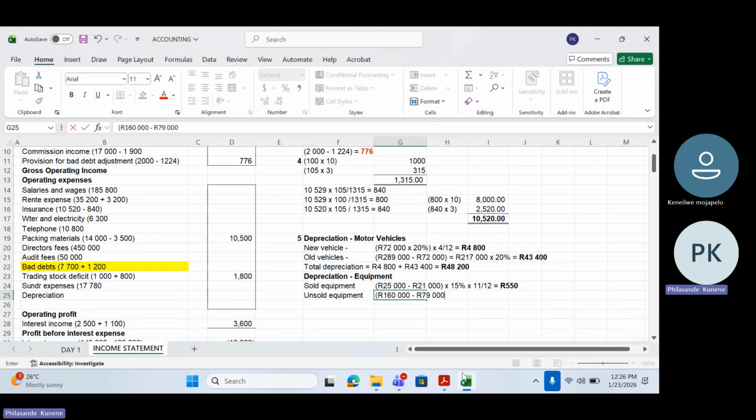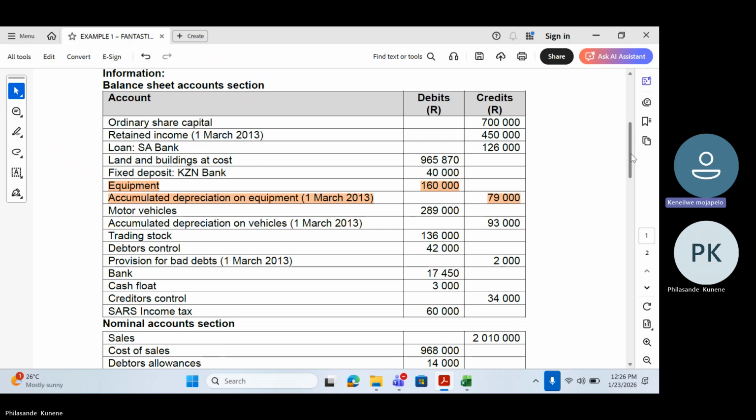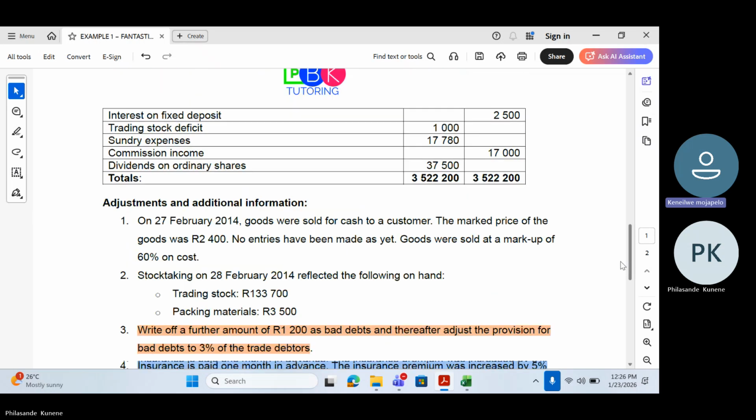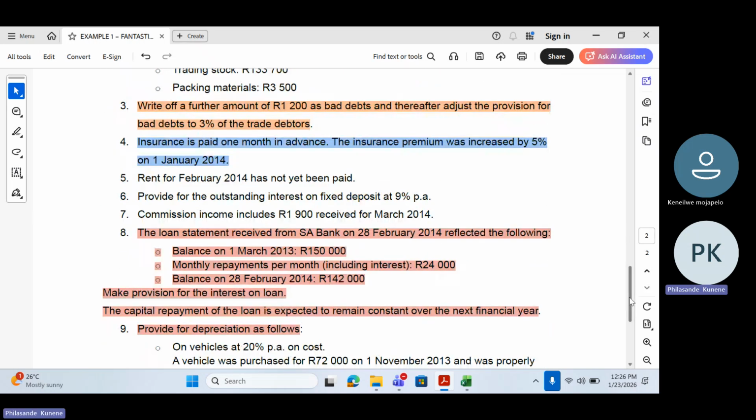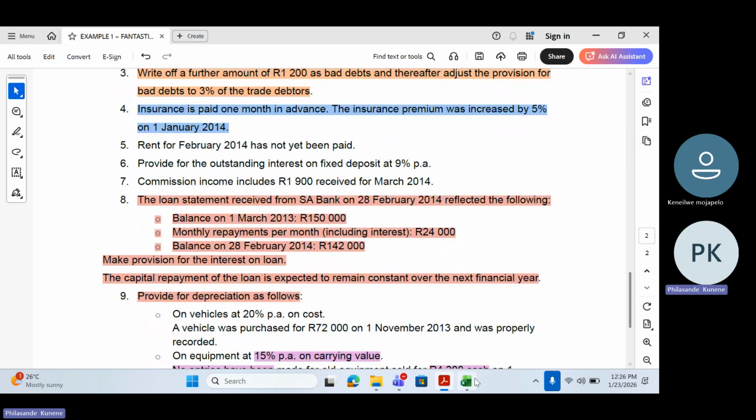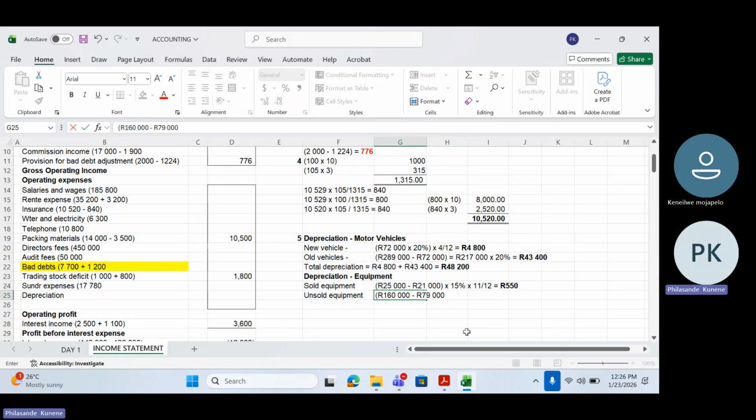79,000, and then we're going to multiply it by 15%. Times 15%, and then you don't apportion it because it's been with us the whole year.